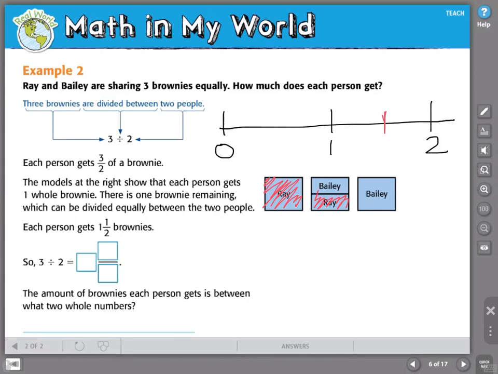He ate 1.5 brownies. So the amount of brownies each person ate was between 1 and 2 on our number line. More than 1, but less than 2. So between what two whole numbers? 1 and 2.